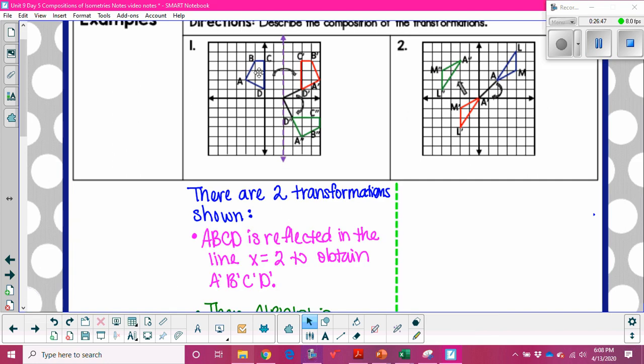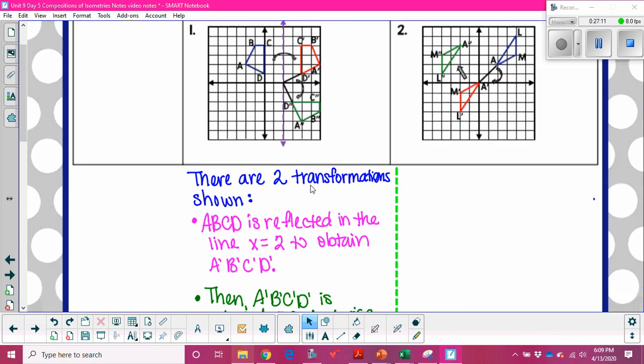The first one, you reflect A, B, C, D across this line of reflection, x equals 2, to obtain this red figure right here. And remember, this is x equals 2 because it's going through 2 on the x-axis. Okay, so that was the first one. We did a reflection. The second one is a rotation.